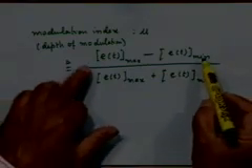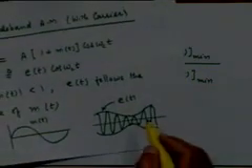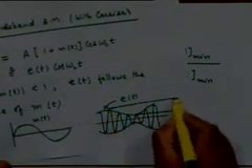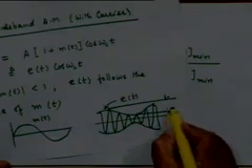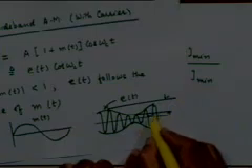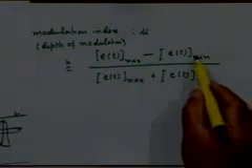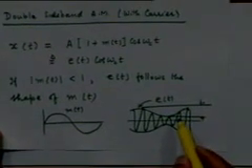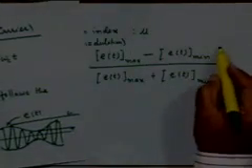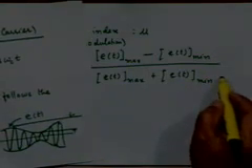So, as you can see, the numerator is this value, right? The difference between these two values. This is the maximum value, this is the minimum value, right? So that's the numerator. The denominator is, or maybe you can think of this as divided by 2, and this also is divided by 2, right?